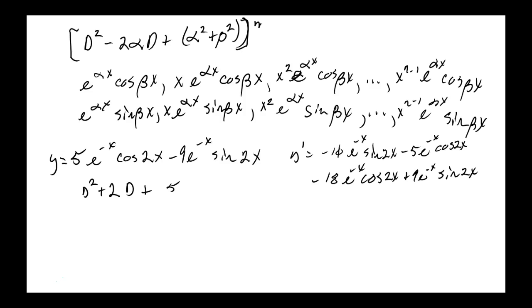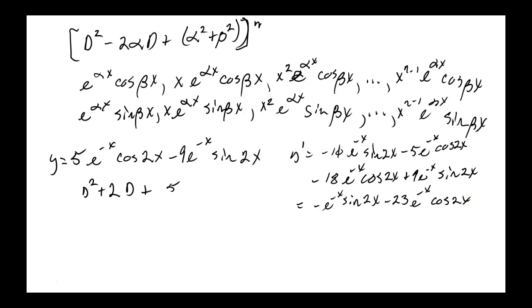Now, let's combine like terms here. Okay. The sine terms here is going to be a minus e to the minus x sine 2x. The cosine terms here are minus 23 e to the minus x cosine 2x.